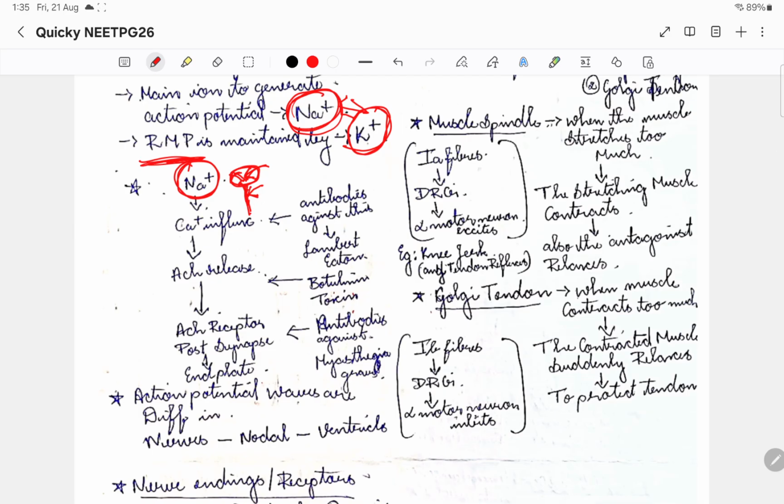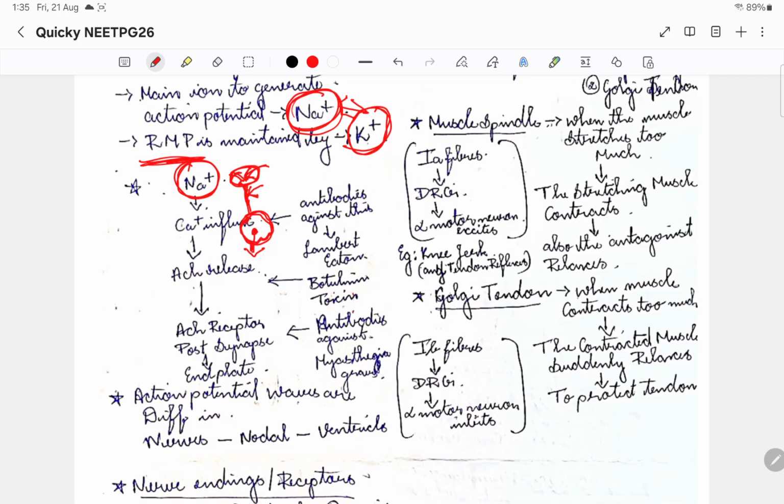After a cascade of reactions, the SNARE proteins and all these things, which are not of much importance here, the acetylcholine that was present at the end of the cell body, or the cell junction, will get released. So after the calcium influx, the acetylcholine is getting released.